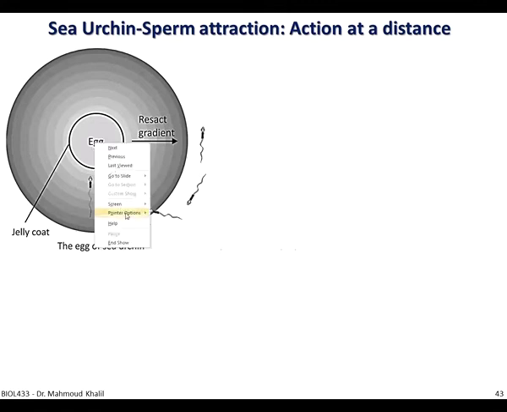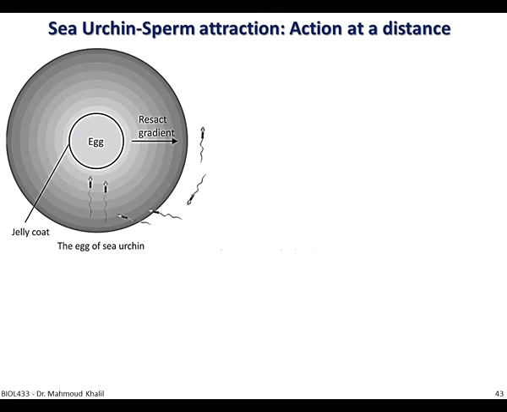The egg starts to secrete resact, and you can see the gradient of the resact concentration around the egg. You can see that the sperm initially was diverted, and then once it senses the resact, actually resact is not a layer, it's a chemical that is dissolved around the egg.